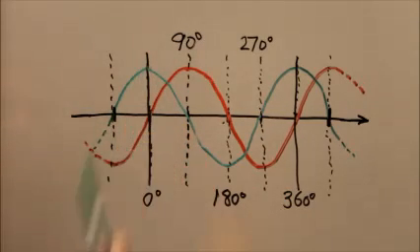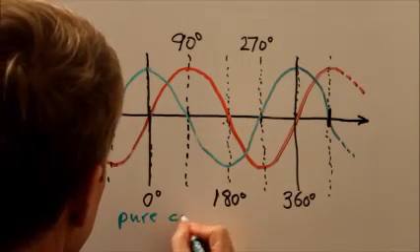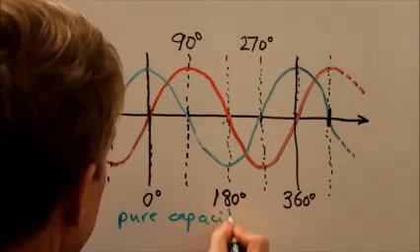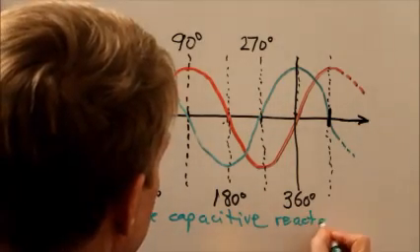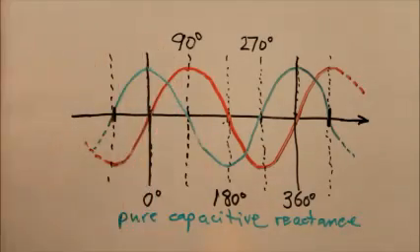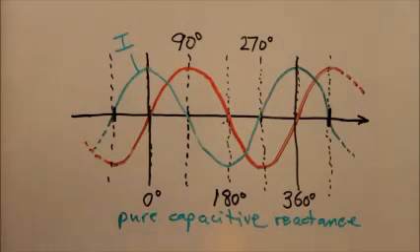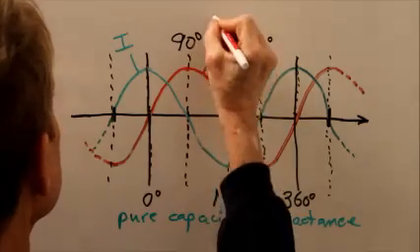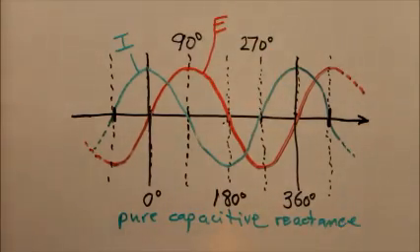When the current leads the voltage by 90 degrees, we have a pure capacitive reactance. That is in the case where the current, which we can represent as I, leads the voltage, which we might represent as E, by 90 degrees. That's a pure capacitive reactance.